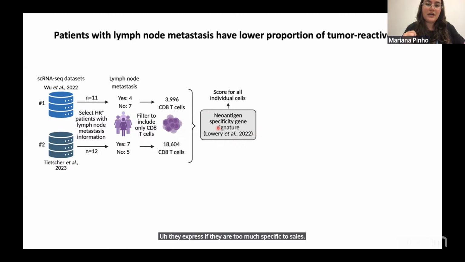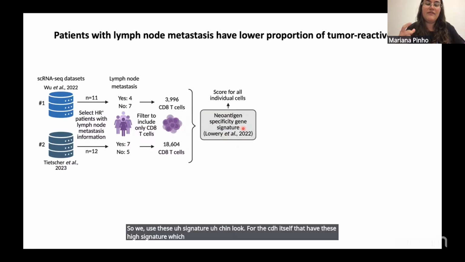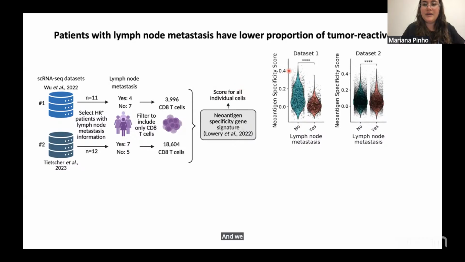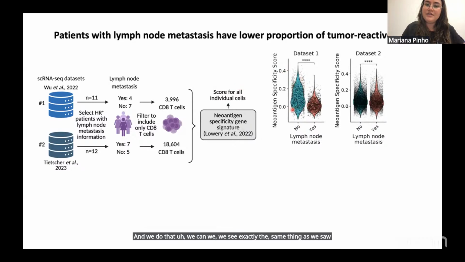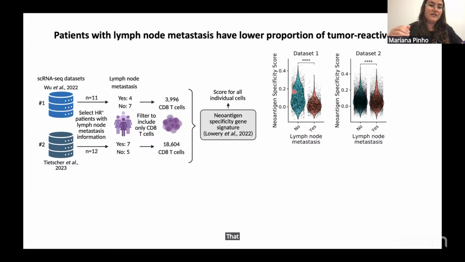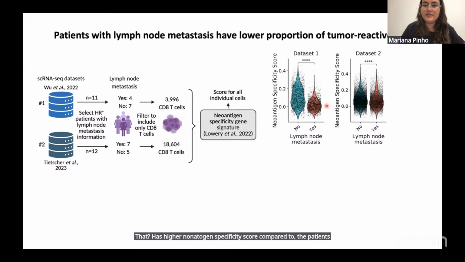So we use this signature to look for the CD8 cells that have a high signature, which means that they have a higher probability of being tumor-specific. And then we score our individual cells. And when we do that, we see exactly the same thing as we saw with our method: the patients without lymph node metastasis do have a lot more cells with a higher neoantigen specificity score compared to the patients that do have lymph node metastasis.